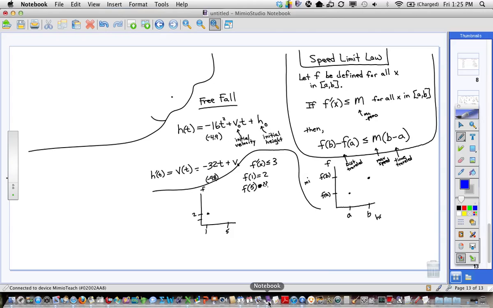If the max slope is 3, doesn't that mean every time you go over 1, the most you could go up is 3? How many are we going over? 4. We're going over 4. What's the most we can go up? Isn't the most we can go up 12? And we're already up 2. So doesn't f of 5 have to be less than or equal to 14?